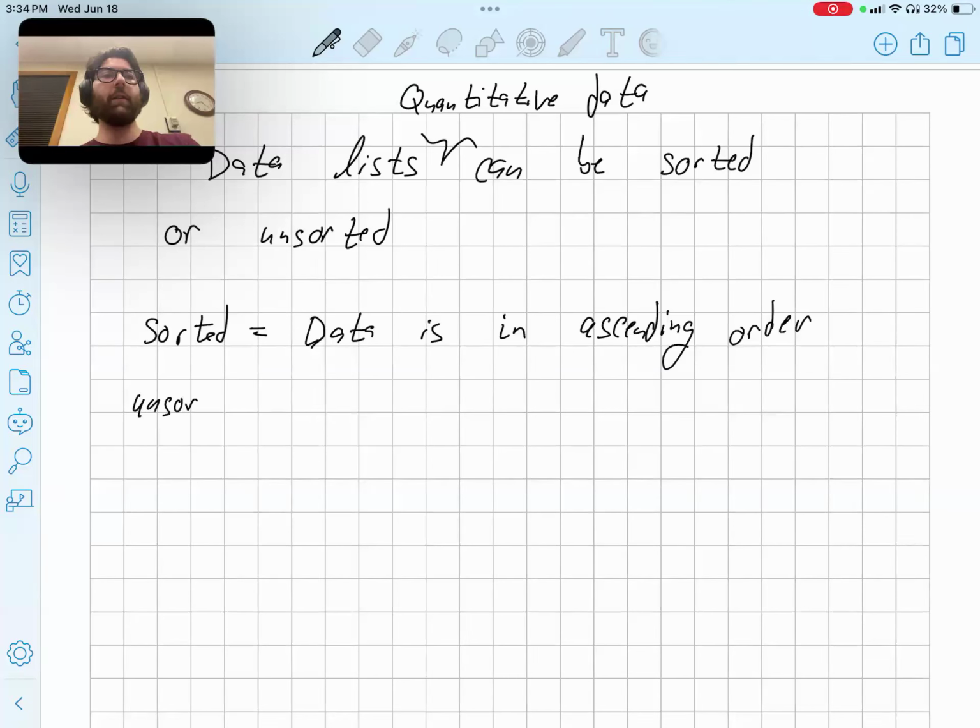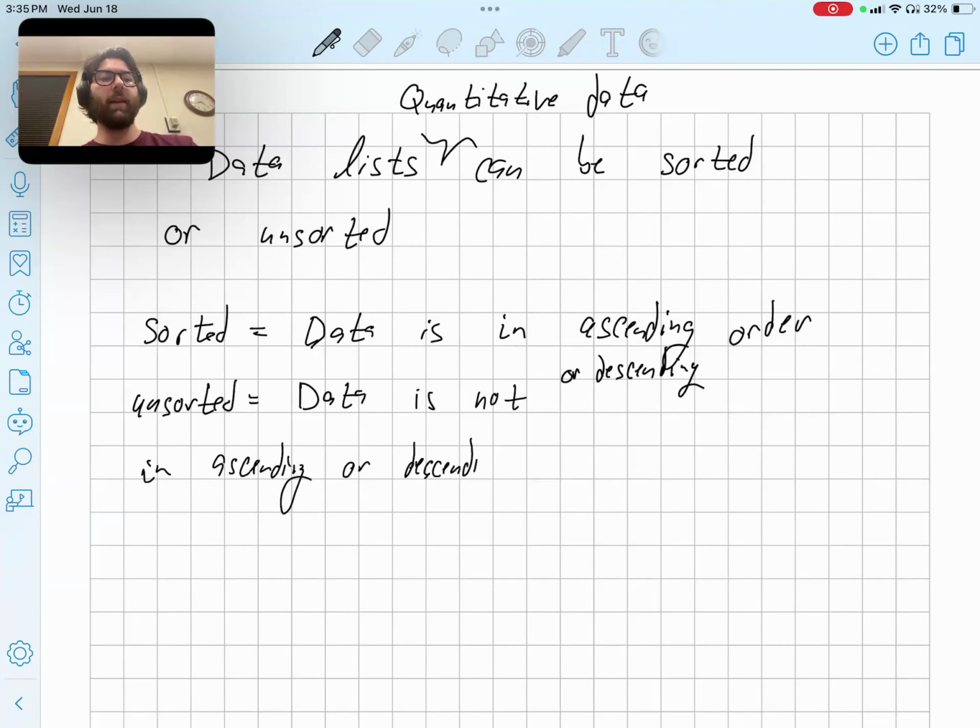Unsorted means the data is not in ascending or descending order. It doesn't really matter, usually we'll use ascending. And so it's going to be important to us to make sure that our data lists are always sorted.